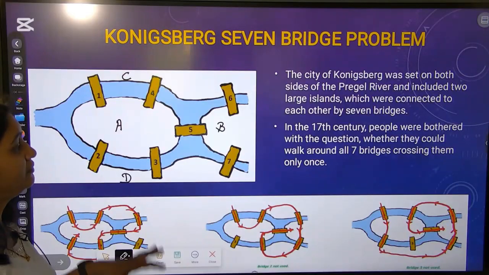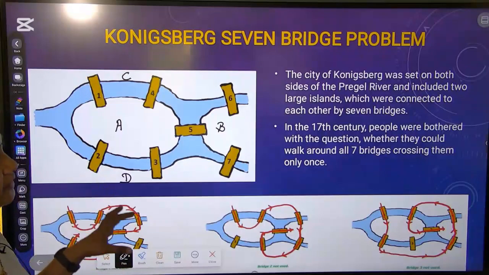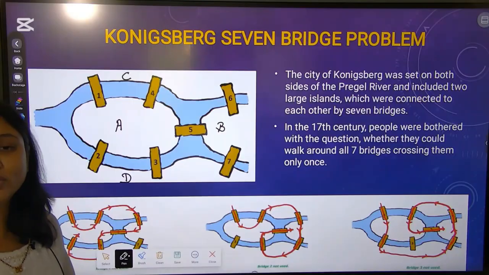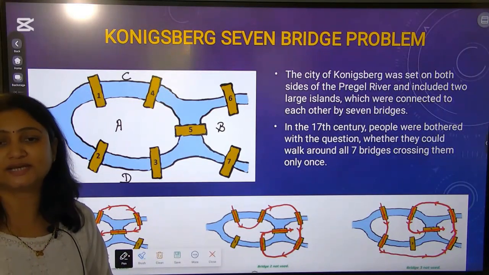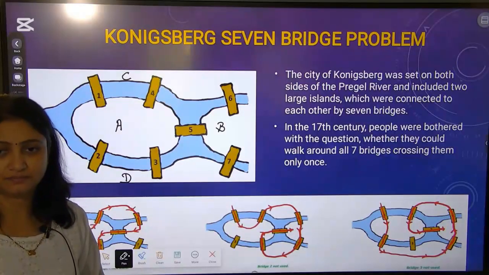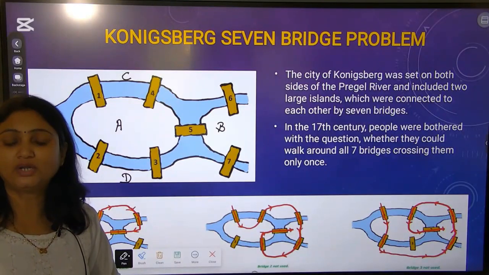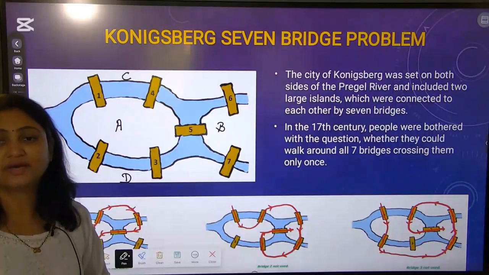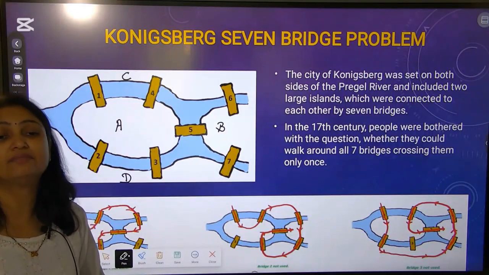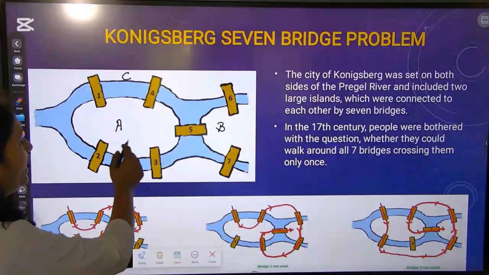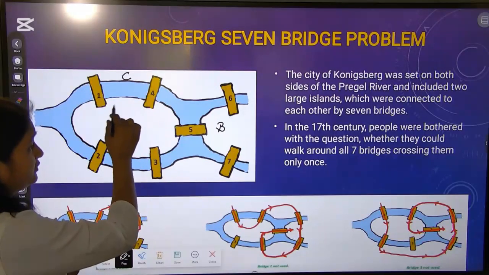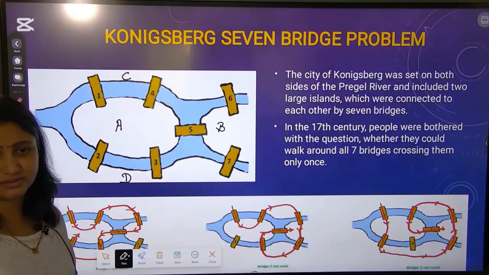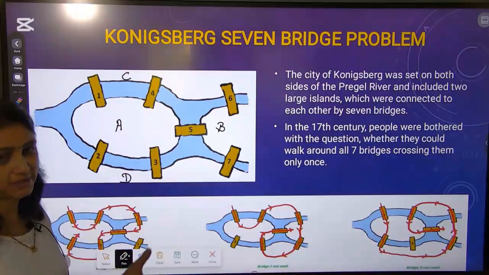This is the river Pregel in the city of Königsberg. The city of Königsberg was set on both sides of the Pregel river and included two large islands which were connected to each other by 7 bridges. So A and B are the two islands and they are connected by the 7 bridges.